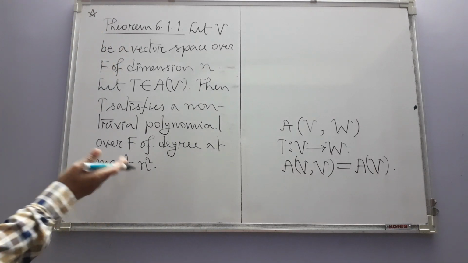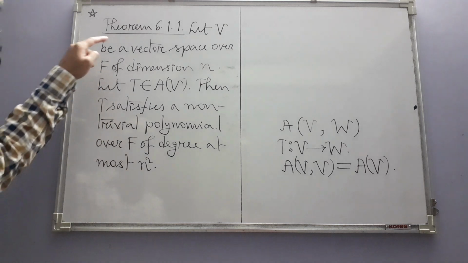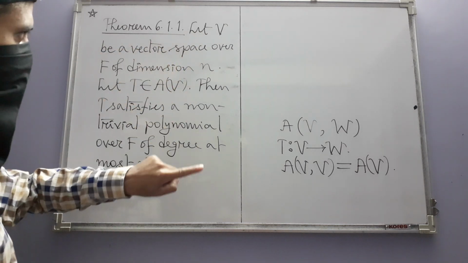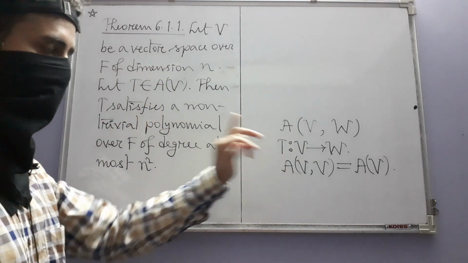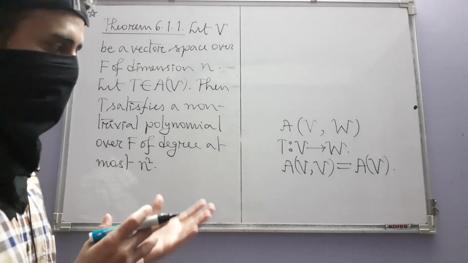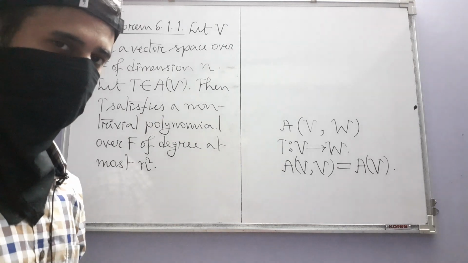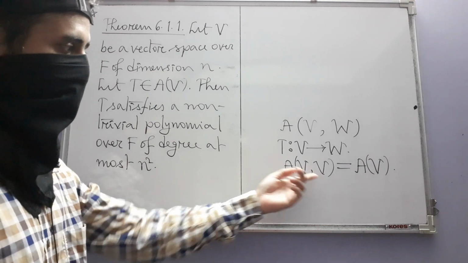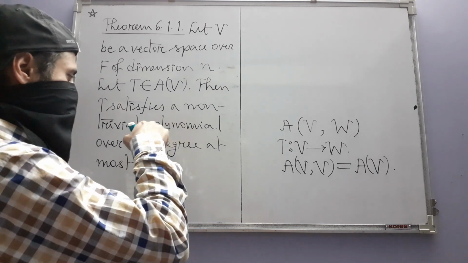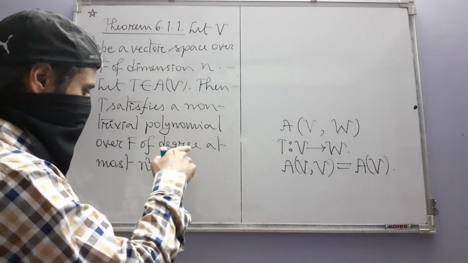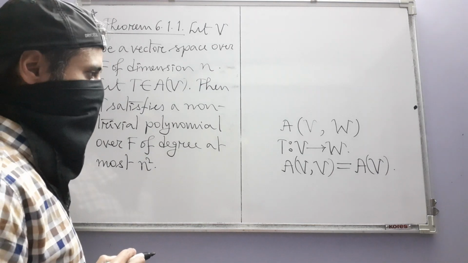So what we are now seeing here is that V is an n-dimensional vector space over F, and T is a linear transformation, which we have decided to call a linear operator when the spaces are the same. Then T satisfies a non-trivial polynomial over F of degree at most n square.